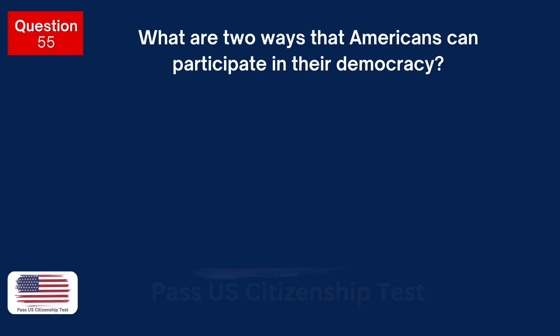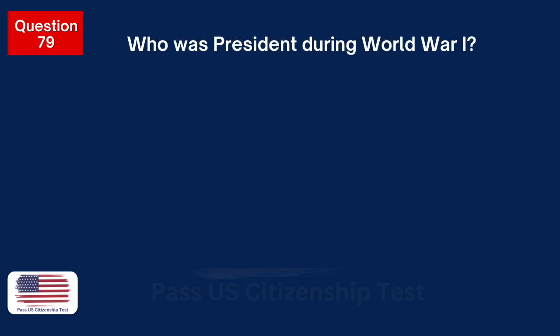What are two ways that Americans can participate in their democracy? Vote. Join a political party. Who was president during World War I? Woodrow Wilson.